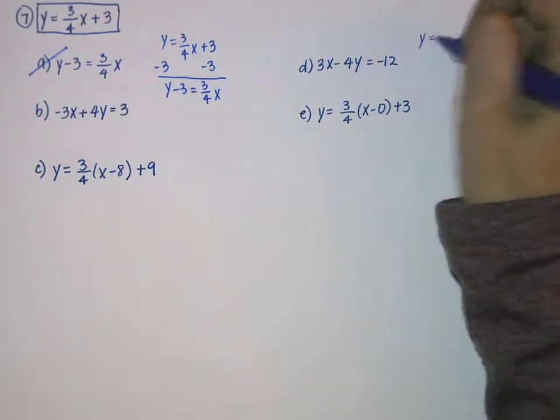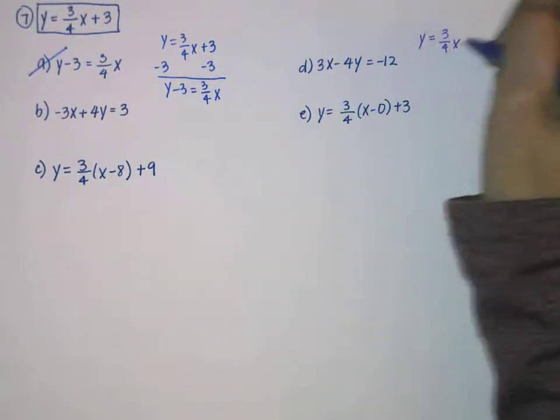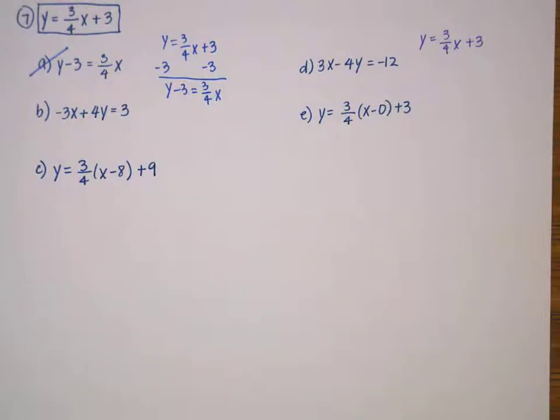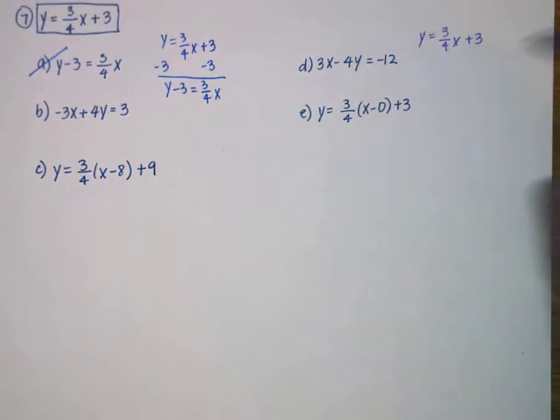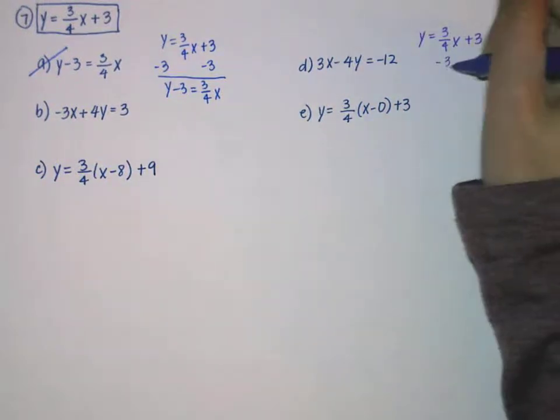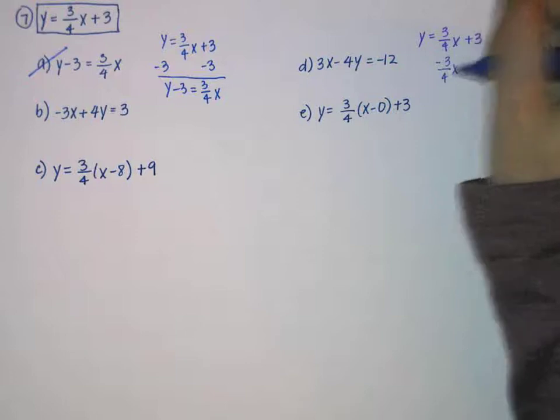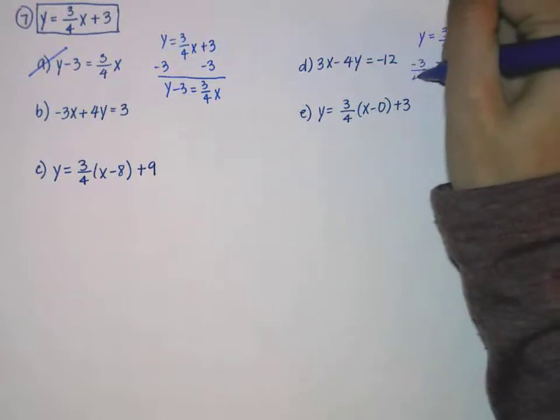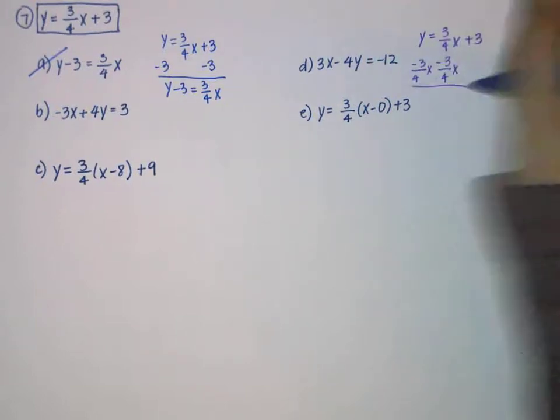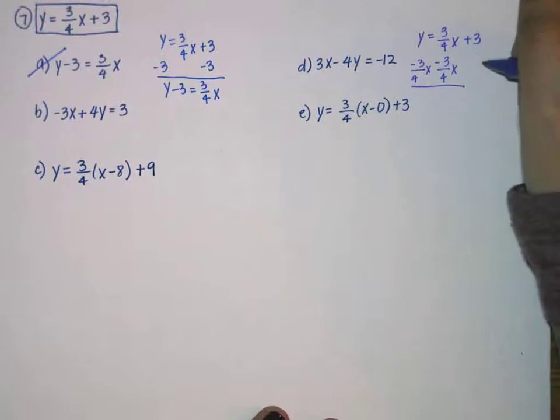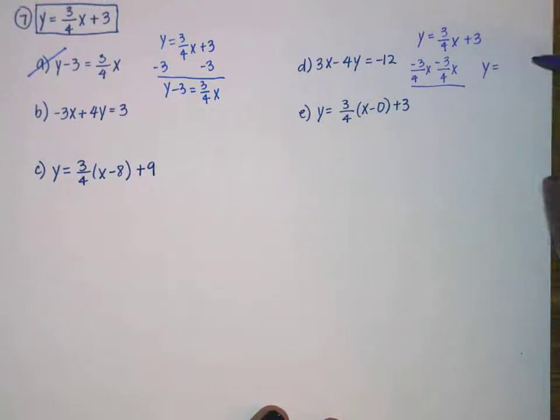Take a moment, pause the video, and what's the first step you could do in order to get both the x and y terms on one side? Go for it. Hopefully you're back, and the first step that you did is subtract 3 over 4x from both sides. And you'll notice you get y minus 3 over 4x is equal to 3.